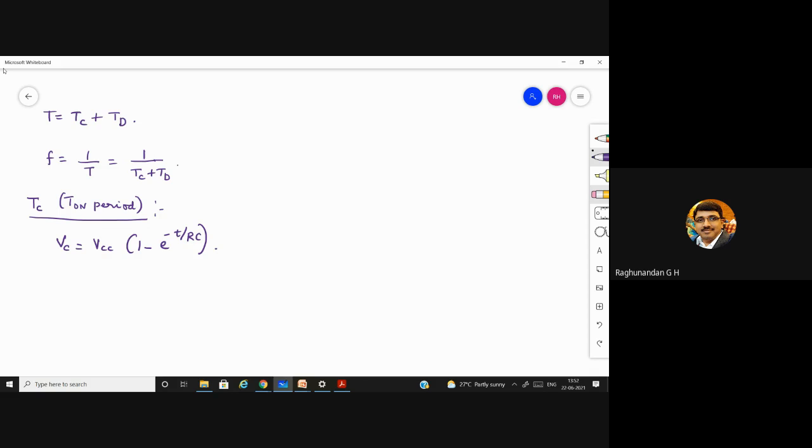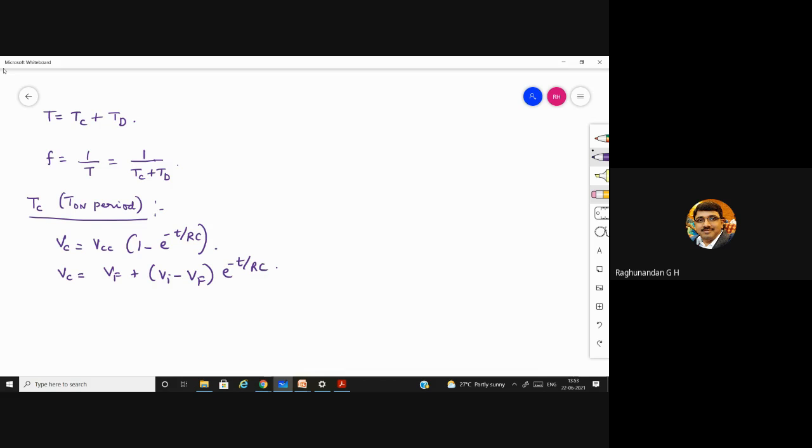For the purpose of finding the charging time, we will consider one more equation which gives the initial voltage and final voltage of the capacitor. It can be given as Vc is equal to Vf plus (Vi minus Vf) into e to the power of minus t by RC.